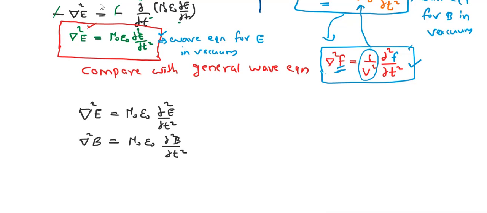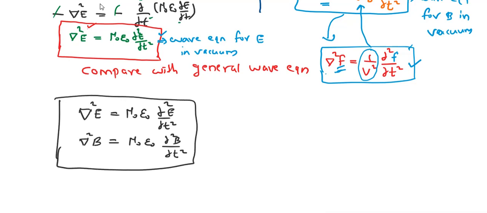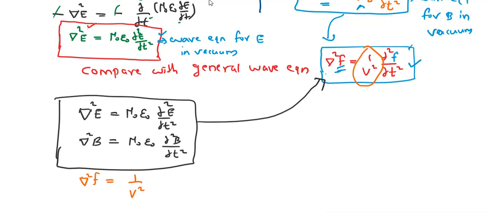And if we compare these two equations with our standard wave equation, del square F is equal to 1 by V square dou square F by dou T square, it is clear that mu 0 epsilon 0 is nothing but 1 by V square.